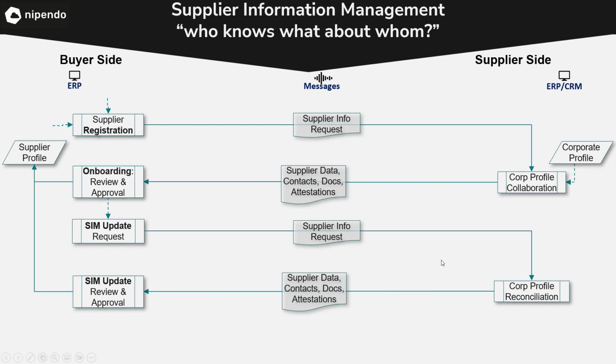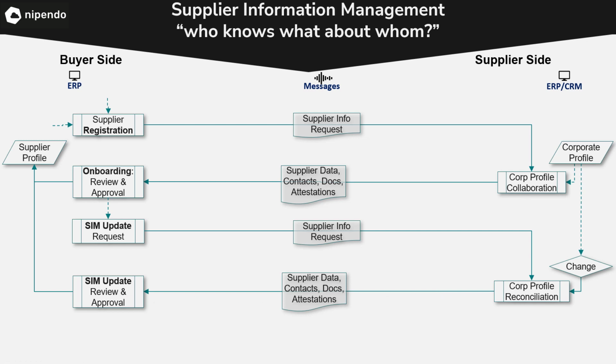Change also happens on the supplier side. They might move. They might get a subsidiary and break up into two companies with different tax IDs or whatever. Change happens, right? And those things can also spur a reconciliation requirement on the supplier side to tell the buyer about those changes, which then need to be reviewed and updated.